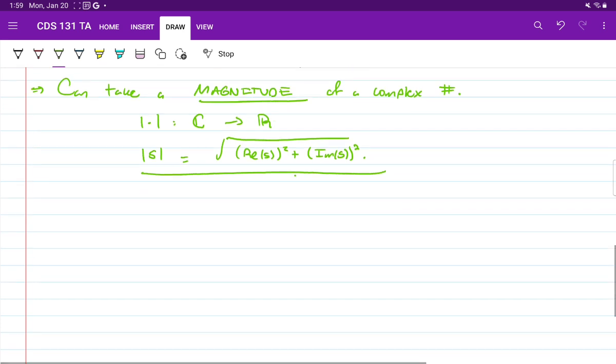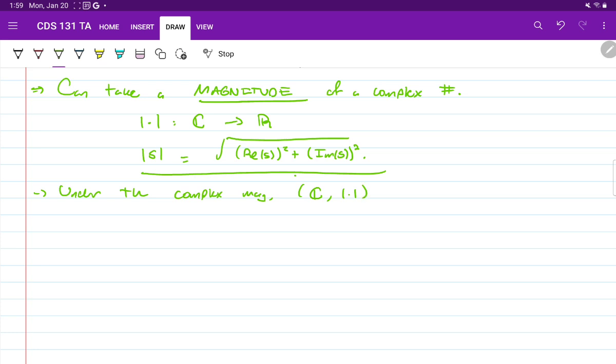Okay, very cool. So the nice fact about the complex magnitude is that under the complex magnitude, the complex numbers actually become a normed vector space. Okay? So C with this as its norm is a normed vector space over the field C. Okay?